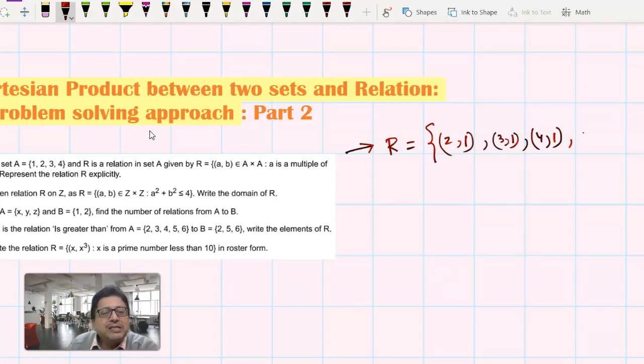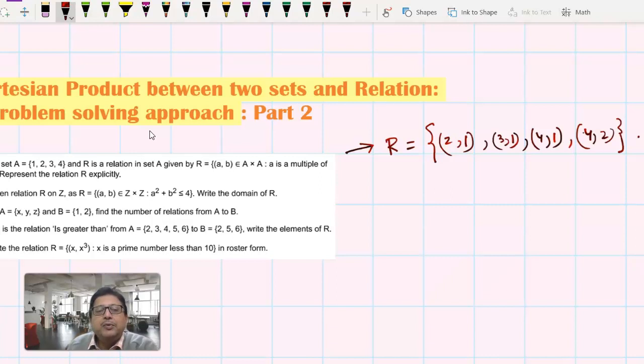So only one more case I think it is possible when you are dividing 4 by 2. So (4, 2). No other cases will be there. So relation here, the first element will be a multiple of the second element. No other possibilities are there.